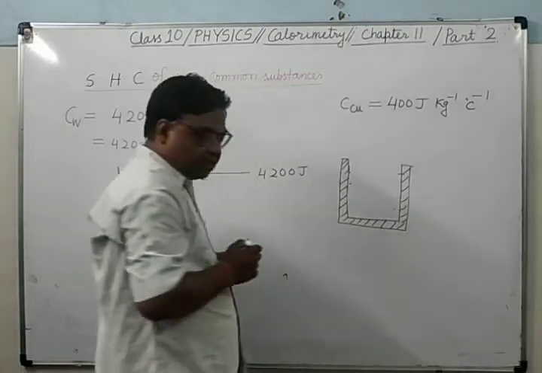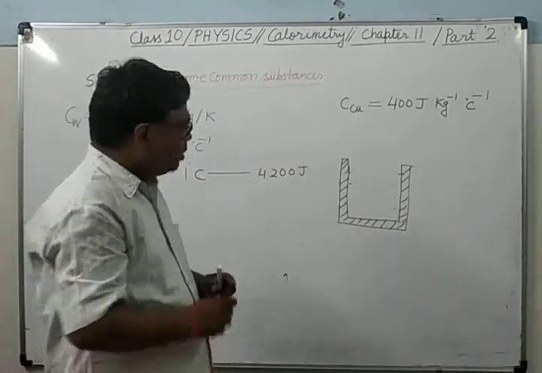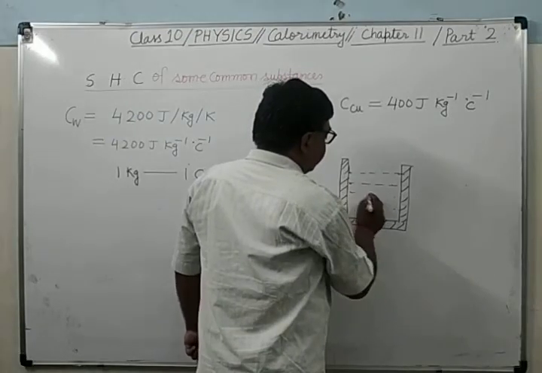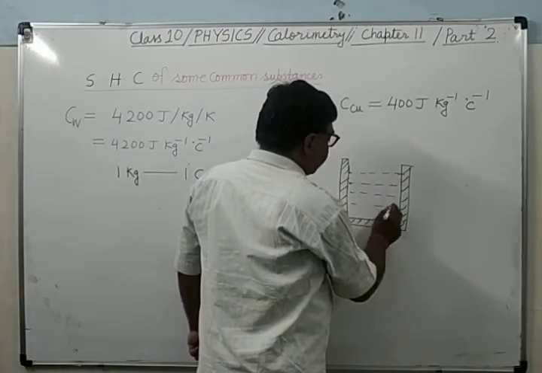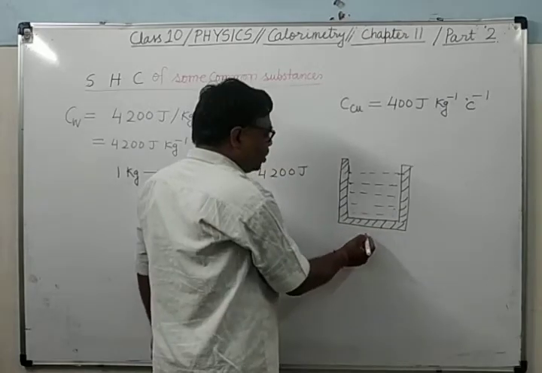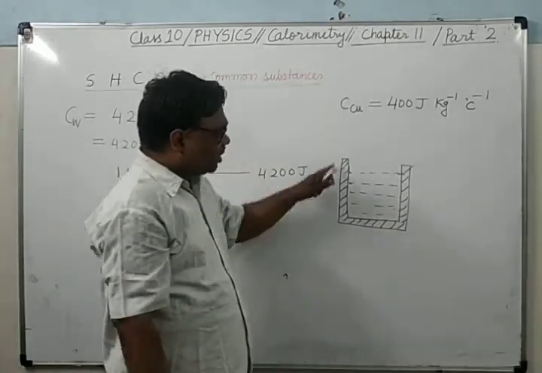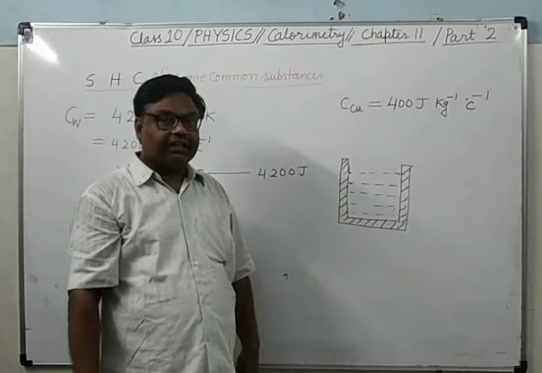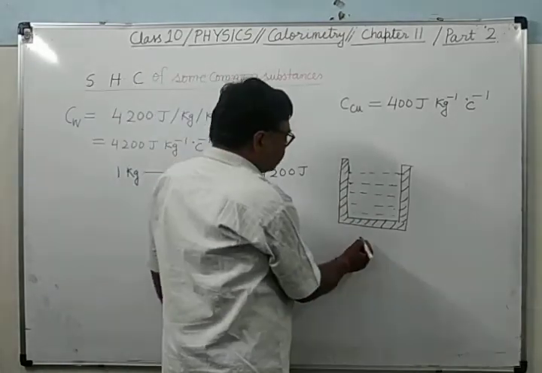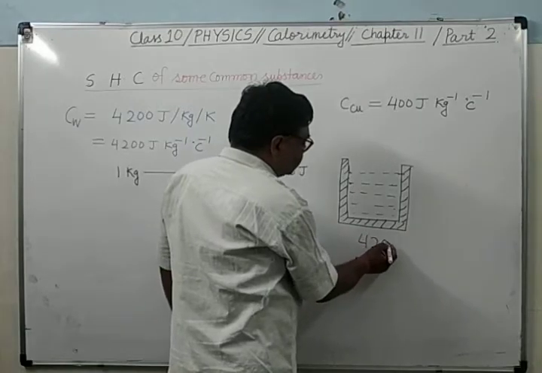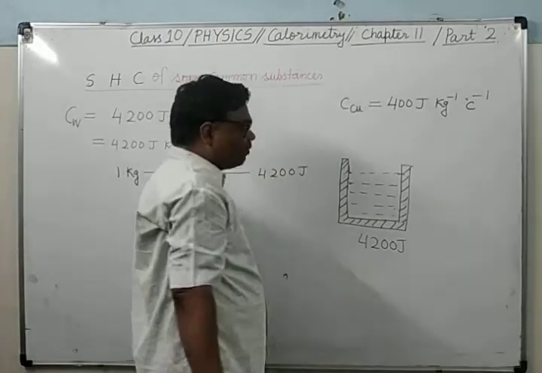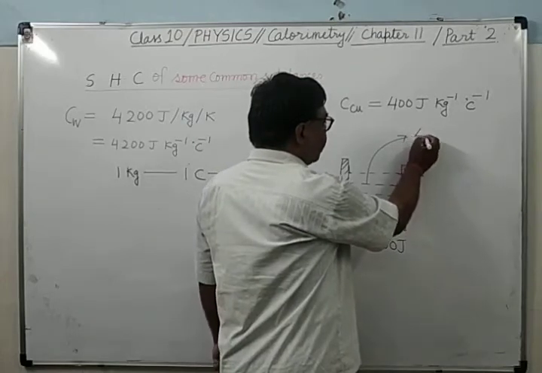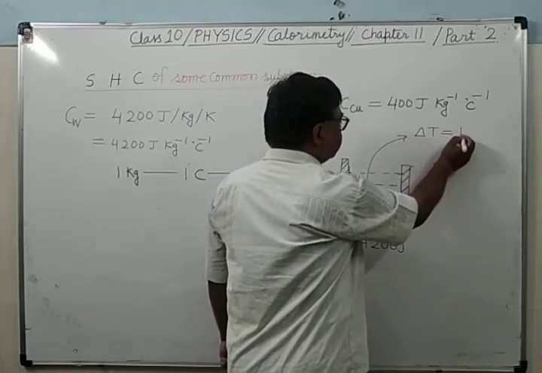Both are 1 kg. If you supply 4200 joule of heat energy, what will happen? The temperature of water will rise only by 1 degree Celsius.